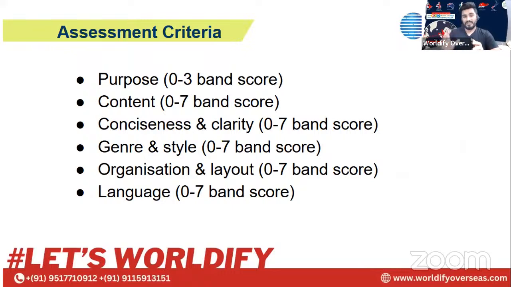The tone should be very formal here. Do not use any abbreviations. Do not ask direct questions, and write very appropriately. The organization and the layout, we talked about that also. And the language: all the grammar, the punctuation, the accuracy, the structures and everything comes under language. All these things are checked, and you are given a score according to these band criteria.